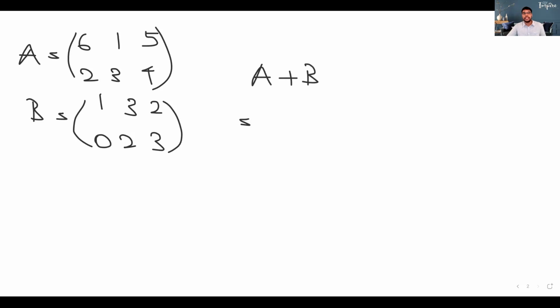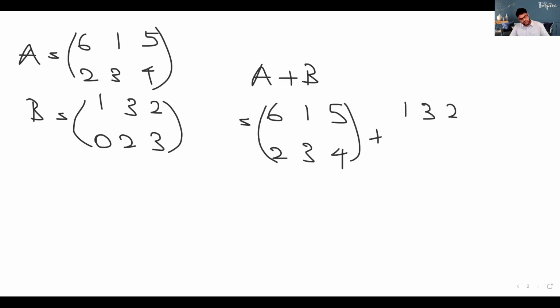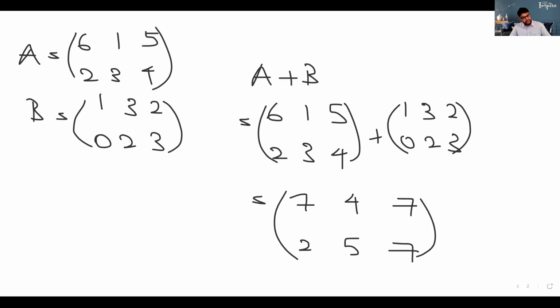All right, so when you add them together, children, you basically add the same places together, right? So we'll write it again. So 1, 3, 2, 0, 2, 3, right? So what happens? You get 6 plus 1, that is 7, 4, 7, 2, 5, and 7. This will be the answer, children, right? For part A, where you add matrices A and B together.